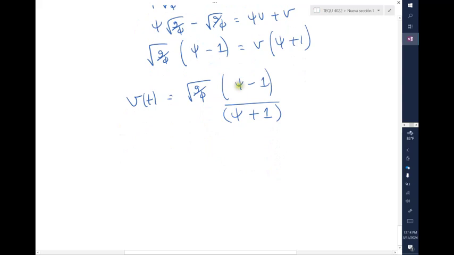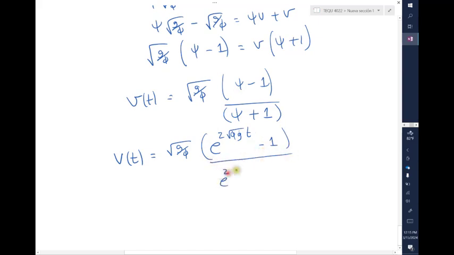Very straightforward. Now we recover what was psi, and we said that the velocity of any object falling in the presence of a resistance will be this equation here, which would be e to the square root of phi times g t, that's psi, minus 1 over e to the square root of phi g t plus 1.